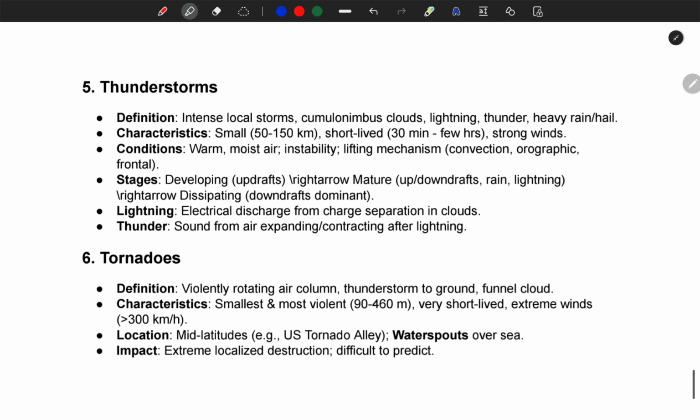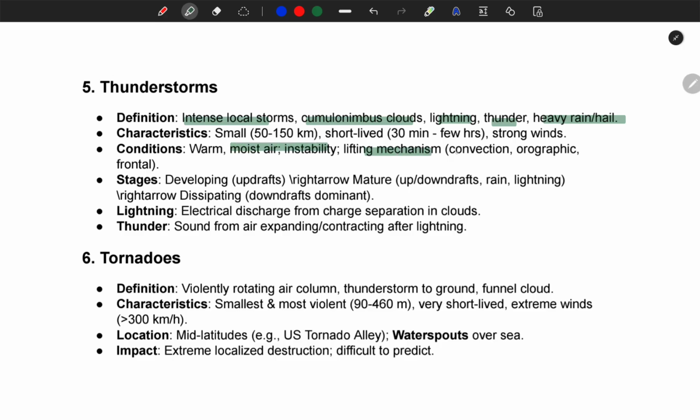Next topic is thunderstorm. Intense local storm, cumulonimbus cloud, lightning, thunder, heavy rainfall. Characteristics: small, 50 to 150 km, short lived, 30 minutes to a few hours, strong winds. Conditions: warmth, moisture, and instability.